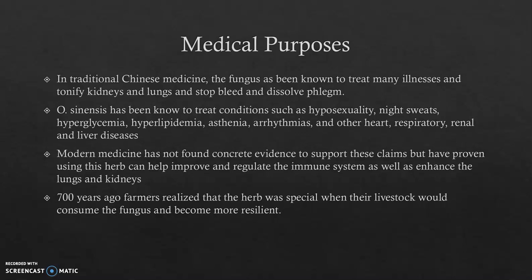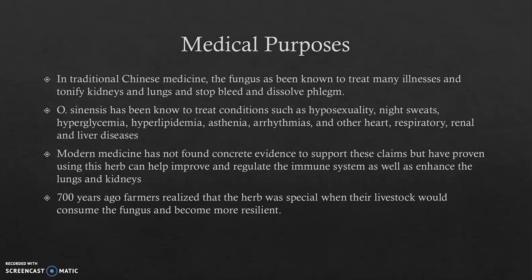So for some medicinal purposes, in traditional Chinese medicine, the fungus has been known to treat many illnesses and to tonify kidneys and lungs, stop bleeding and dissolve phlegm. And it's known to treat conditions such as hyposexuality, night sweats, hyperglycemia, asthma, and other heart and respiratory diseases.